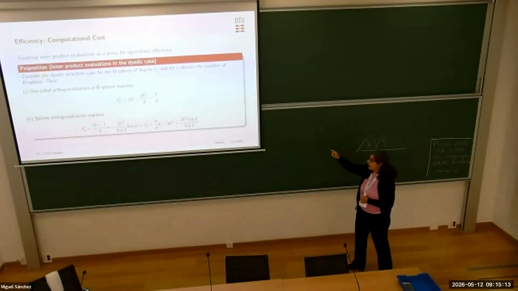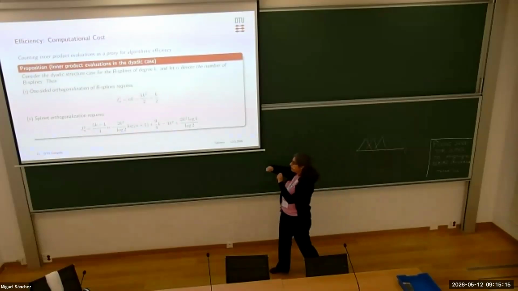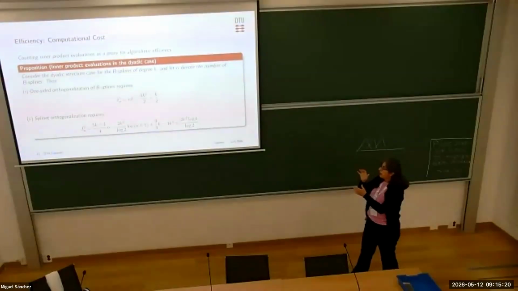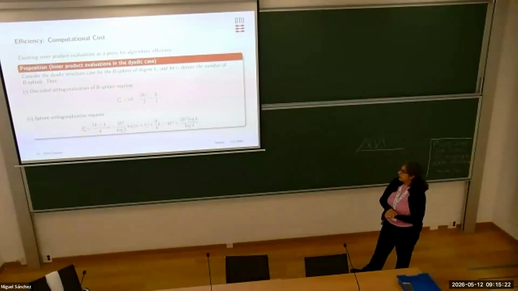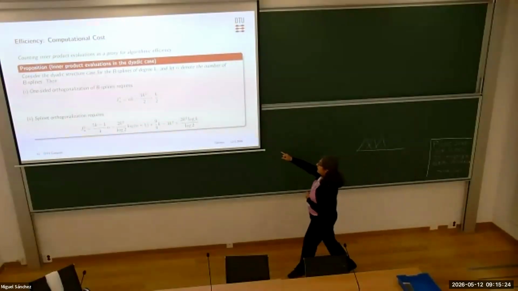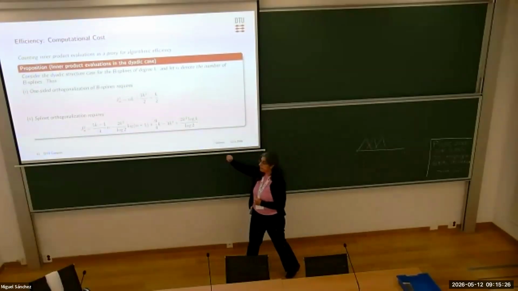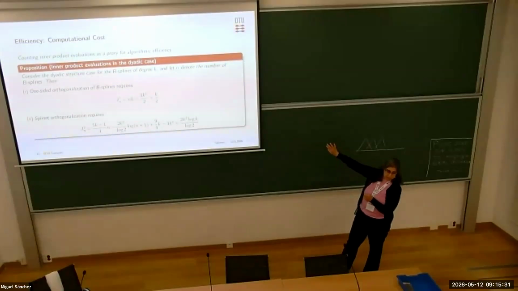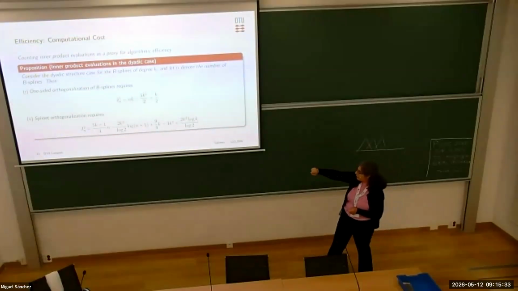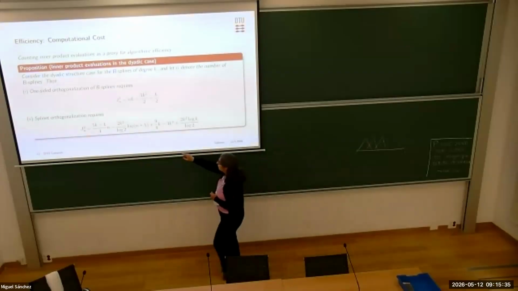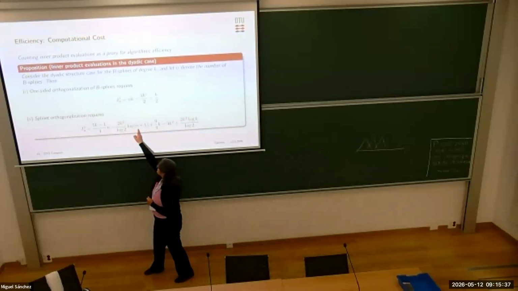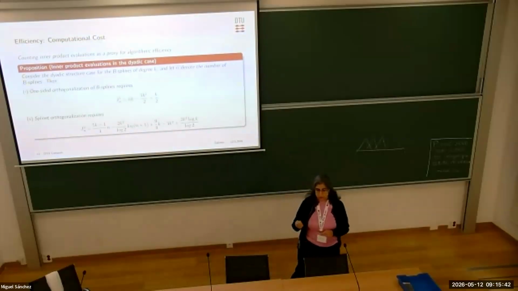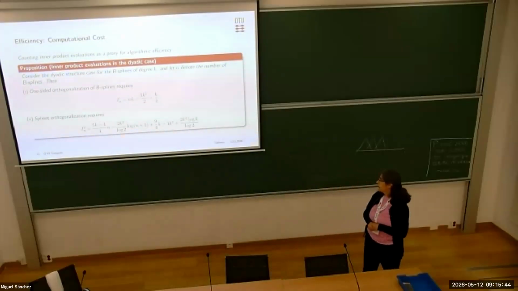So the number of inner products we need for orthogonalizing B-splines of order k, if we have n different knots, is of order n times k. So we need to do n times k different inner products and some subtractions, while for our splinet, it's still of order n, but subtracted with log. So we also get some reduction in the efficiency of doing this orthogonalization.